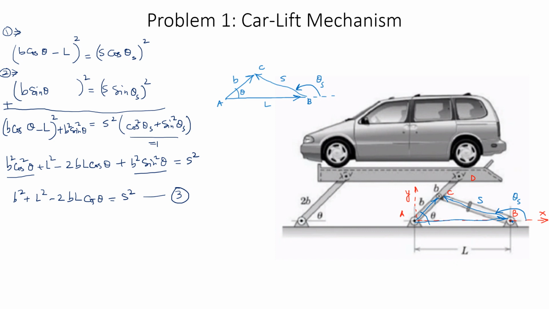At this particular stage, it would be advisable to see how the S is changing and what the effects are corresponding to the mechanism that we have drawn already. So now what I'm going to do is take the time derivative d by dt of this whole expression.